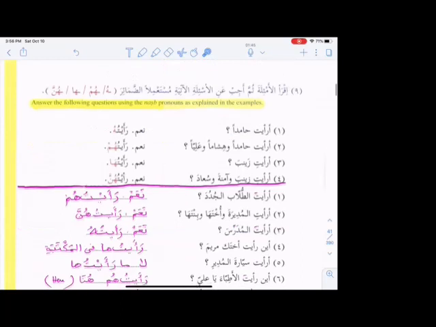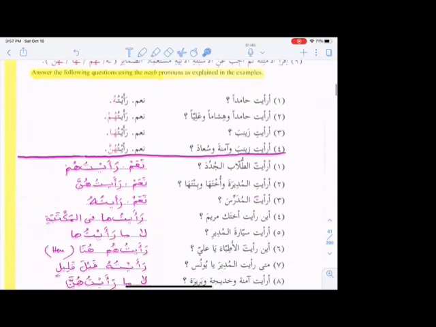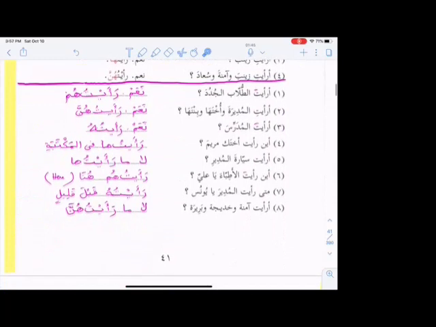So we come here, my brother. Where are we? Okay, we did this. Now here the question is, Araita tullaab? Araita tullaab? Al-jududa. Naam raituhum. See, you have to do this, it changes into hum.